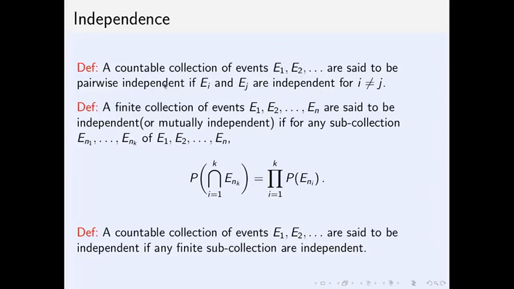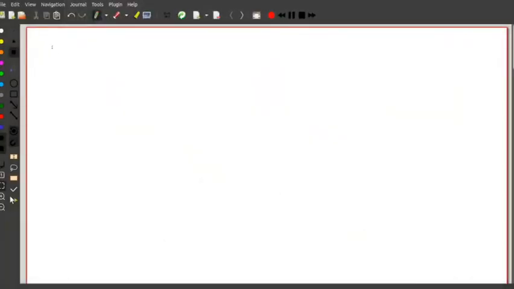That means if I take Ei and Ej, then the probability of Ei intersection Ej will be equal to the probability of Ei times the probability of Ej for all i not equal to j. So if I take any pair of events from this collection, it turns out to be independent. That is pairwise independence.